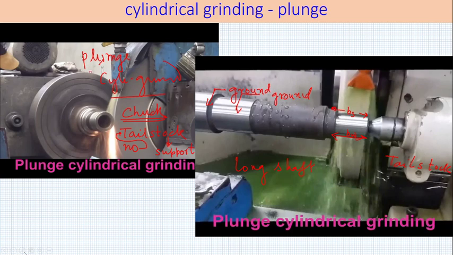So what are the motions here? The shaft was rotating in this direction, giving rise to work speed. The grinding wheel was rotating in this direction, giving rise to VS, and perpendicular to the screen was the infeed direction.